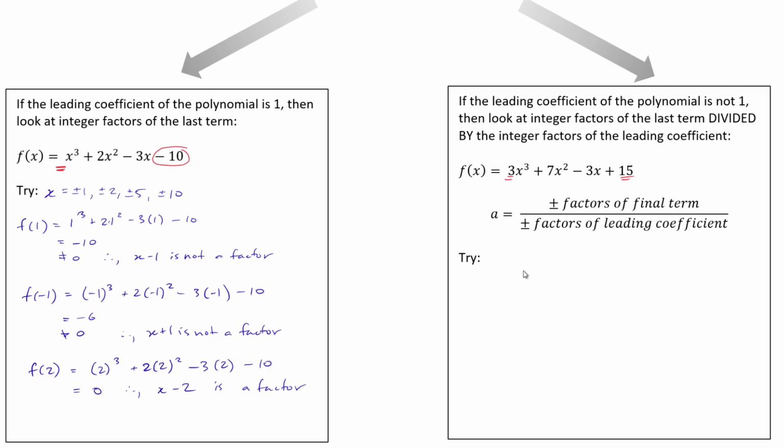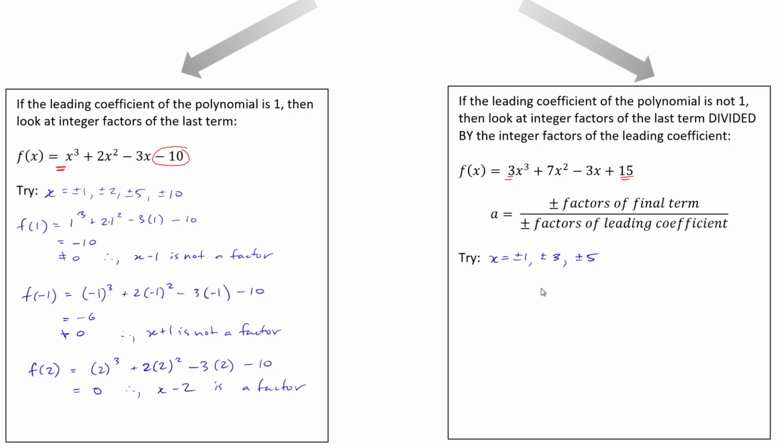And so we can do, for example, plus or minus 1. We could do plus or minus 3, right? We could also try plus or minus 5, right? Because 15 over 3 is equal to 5. And so we can try a whole bunch of these combinations.